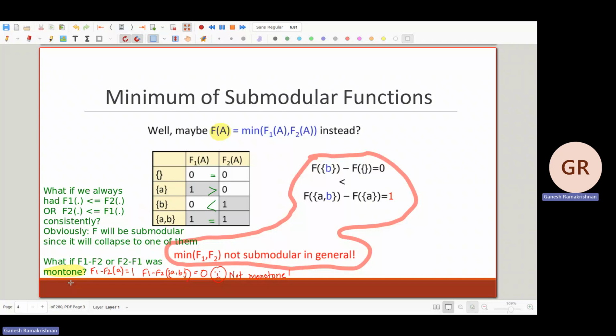And the second point is, can min of F1, F2 be shown to be submodular?